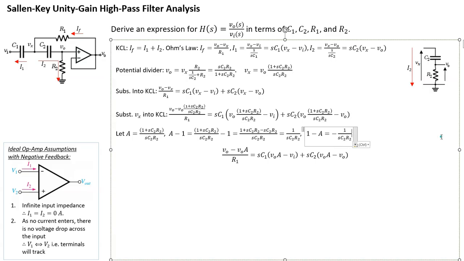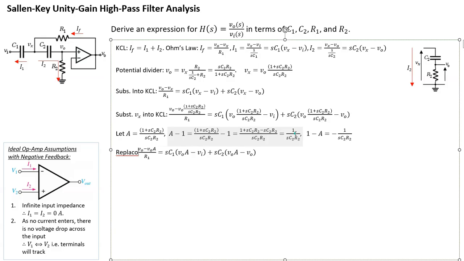So A minus 1 is 1 over SC2R2, and 1 minus A is negative 1 over SC2R2. Let me bring this to the left, and replace for A.